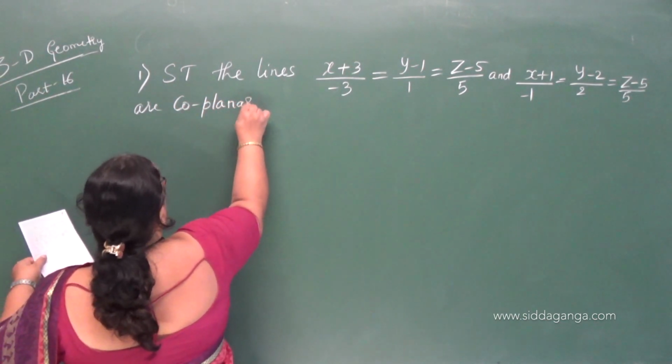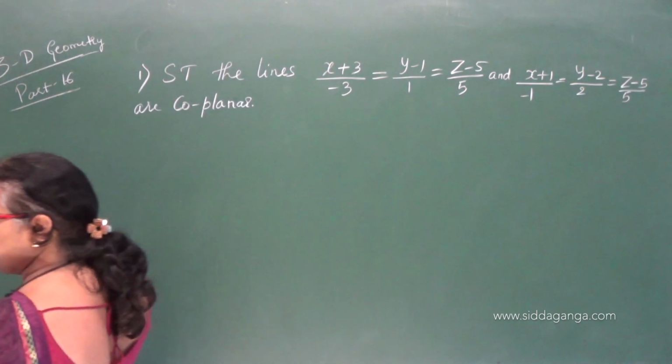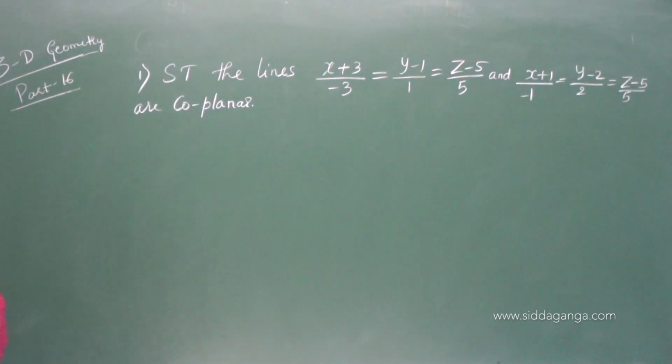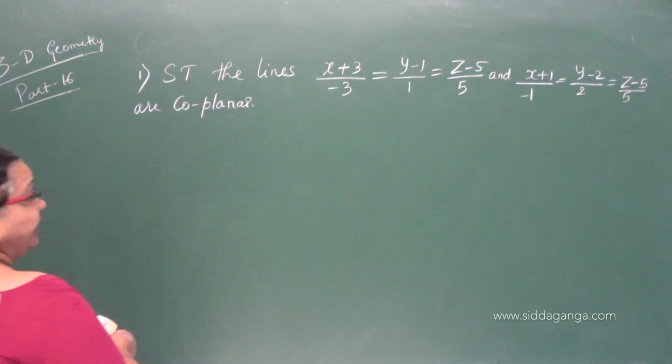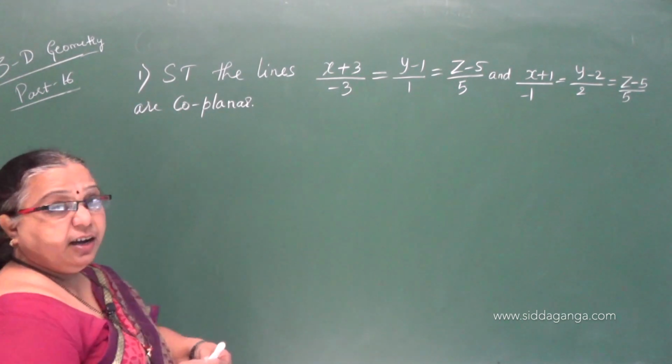We have to show that the given two lines are coplanar.